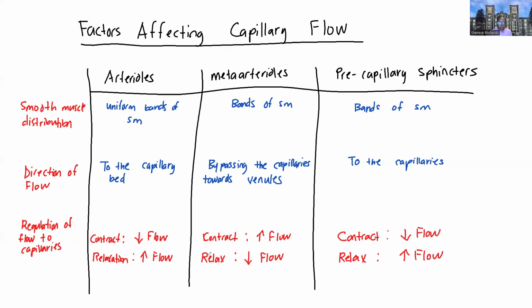Okay. So the one exception here is the meta-arterioles because they are shunting or bypassing. So when that contracts, it increases flow, and then when it relaxes, it allows flow to move into the meta-arteriole, bypassing the capillaries and going straight towards the venule.